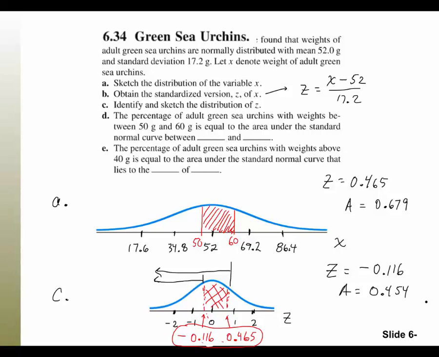We're going to take 0.679 minus 0.454 equals, who's got it? 0.225, or 22.5%, close to a quarter of the sea urchins have a mass between 50 and 60 grams, because that 0.225 is the area between the corresponding z-scores for 50 grams and 60 grams.